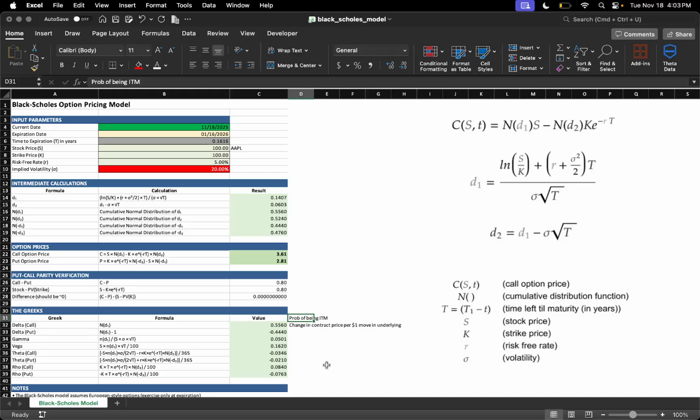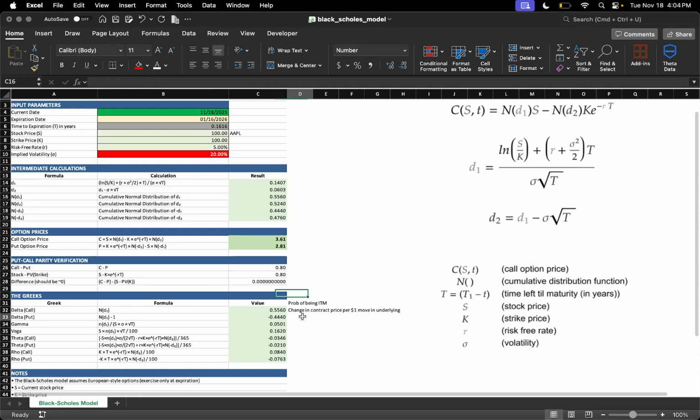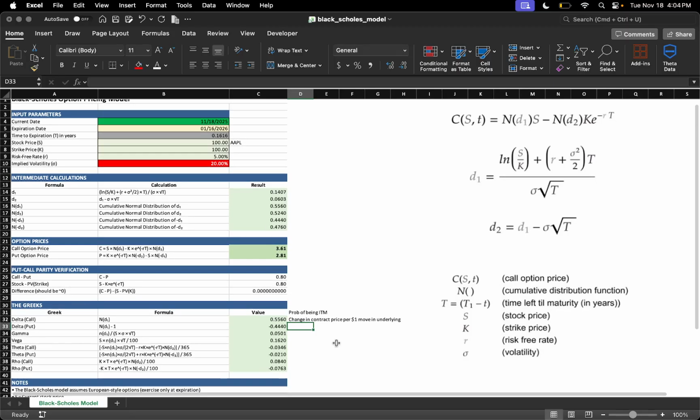And the reason for that is because the delta is the N(D1) right here, which is the cumulative normal distribution of D1, which basically does a summation of the entire curve starting from the left all the way to the right, and you sum up all the probabilities. Well, when you sum up all the probabilities, you get 55.6. So that's the probability of being in the money. Okay, I hope that makes sense so far.